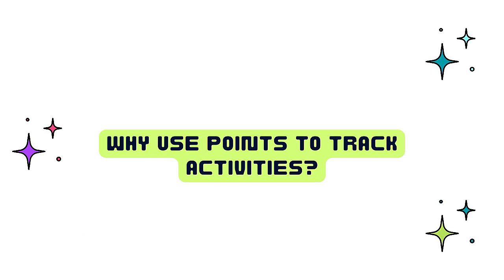But first, let's start with why use points to track activities? Why give hearts? So you can use a point system to allow your onboarding experience to be everything that it can be by guiding your new members to pages that they need to be familiar with on your site. Things like the My Orders page and also the My Profile page, as well as any important details that you wouldn't want them to skip without seeing.